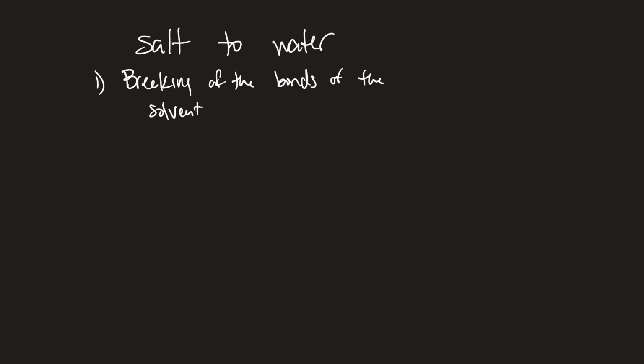Okay, and so what I mean by this: in this case, water is our solvent. And so here you have the water molecules, right? They're attracted to one another due to these strong bonds. So there is this attraction. Now, anytime you add a solute to this, you are starting to break these bonds.